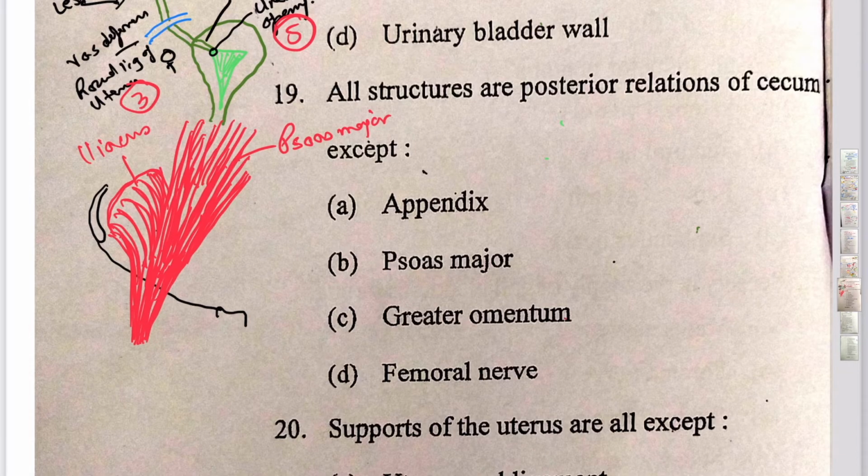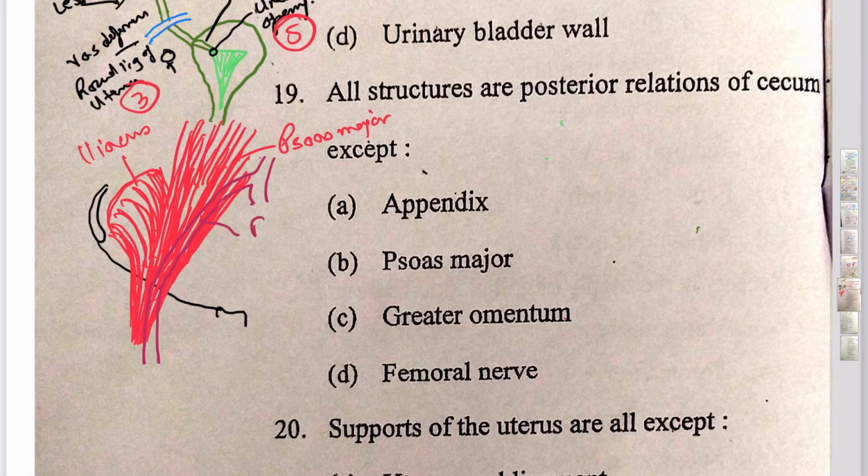Then talking about the other relations, you have the common iliac artery, which divides into the external iliac and internal iliac arteries at the level of the sacroiliac joint. From there, the external iliac artery continues down like this and emerges as the femoral artery.